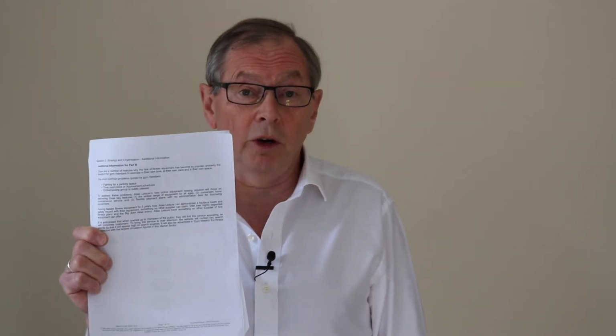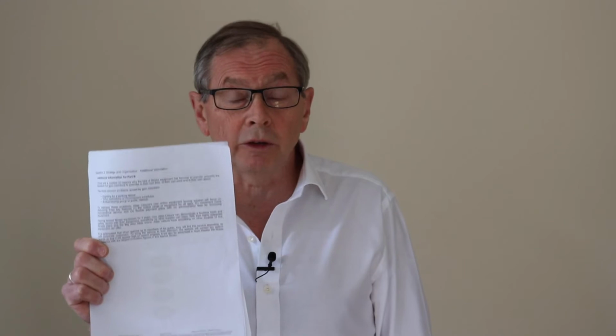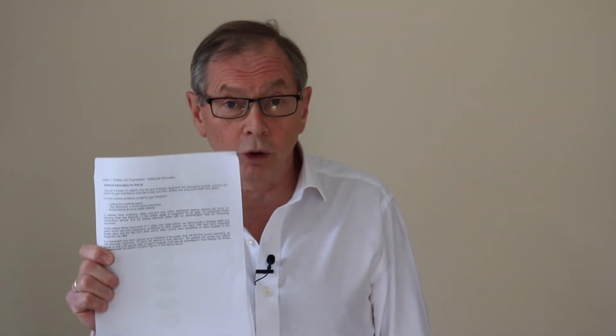Now, you'll notice that following the main scenario, we have another section which says question 2, and this one says organisation, additional information. Now there'll be one or a few of these additional information sheets within the scenario booklet. You do not use these until the question points you to use the additional information. Right?